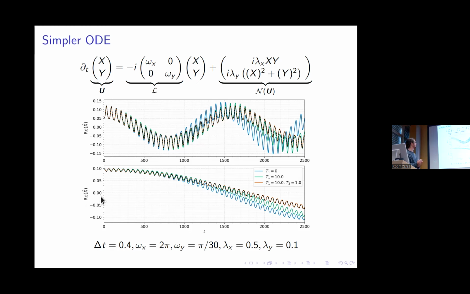So X is your fast variable at a higher frequency. Yes, sorry, X is the higher frequency.